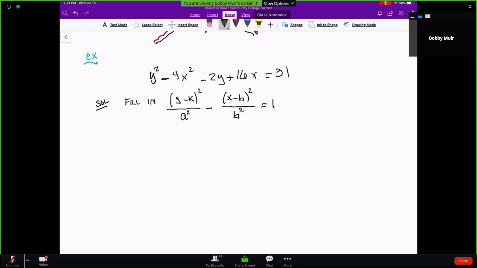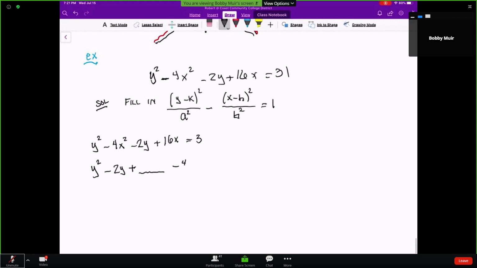I'll take our equation, y squared minus 4x squared minus 2y plus 16x equals 31, and reorganize it as y squared minus 2y, and I'm going to complete that square.